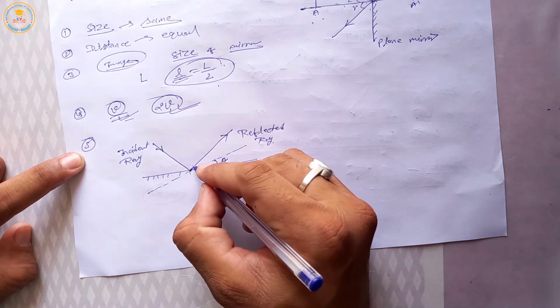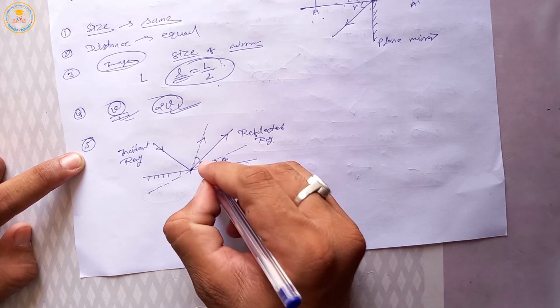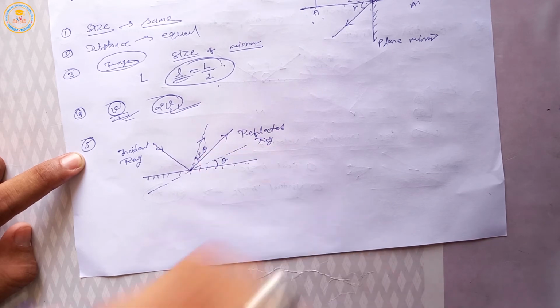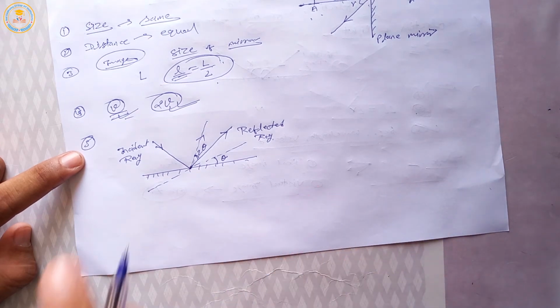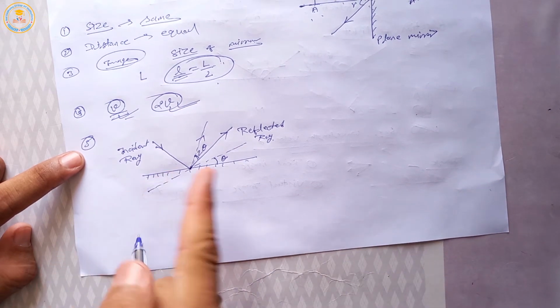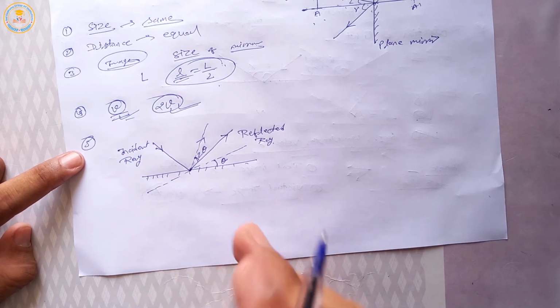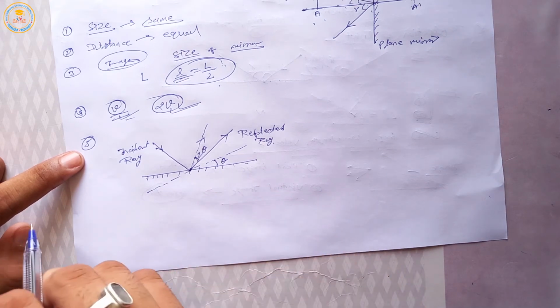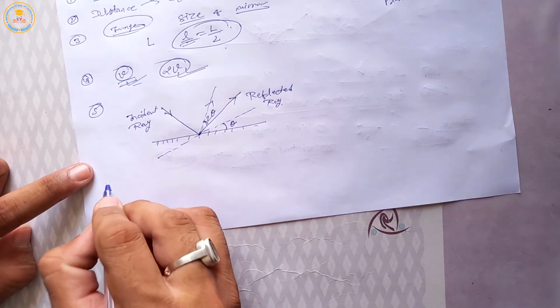Again, for any incident ray, if the mirror is rotated with the theta angle, then the reflected ray rotates with angle 2 theta. Okay, next is very important for our competitive examination.